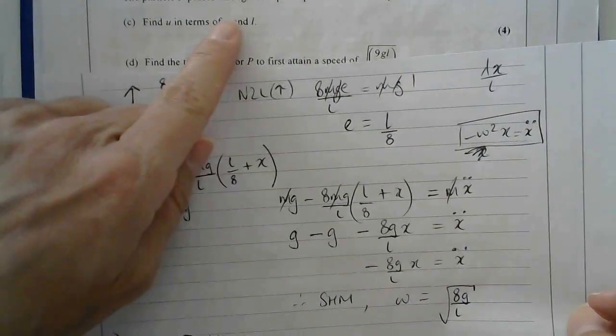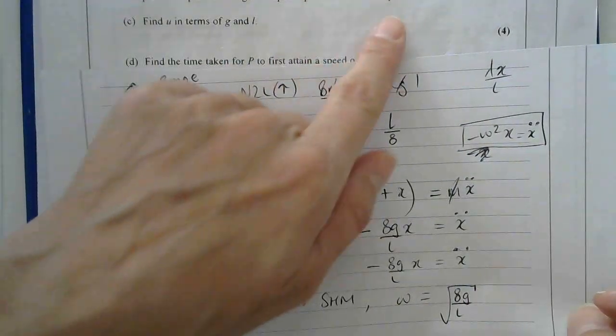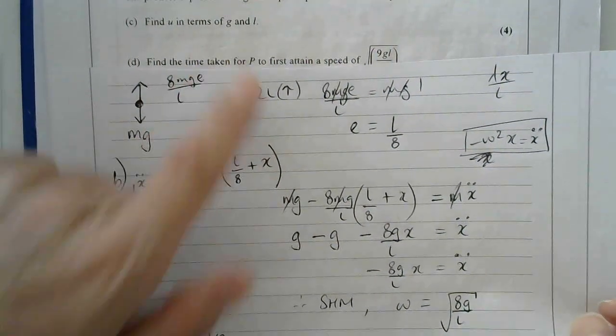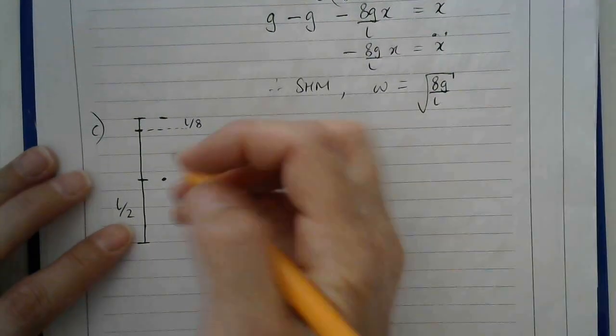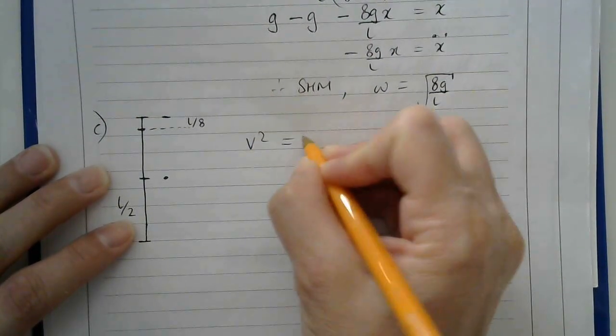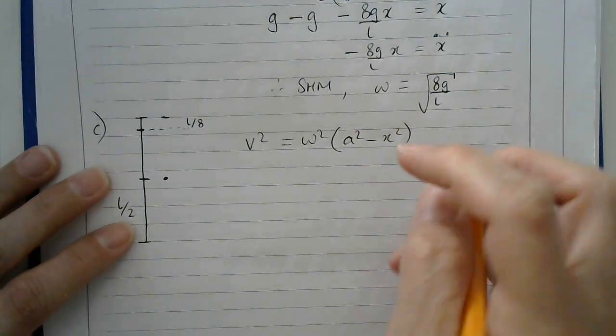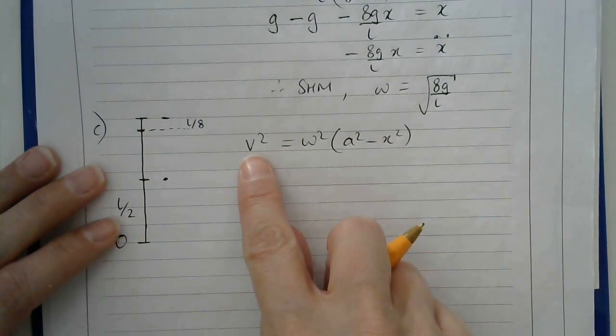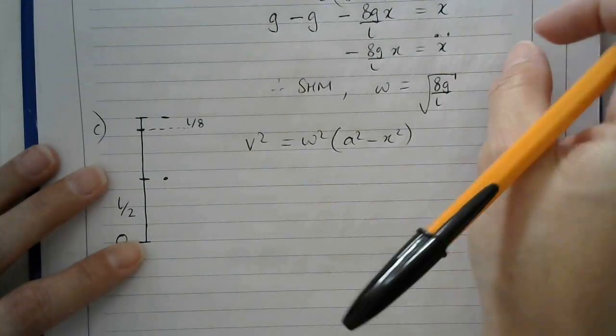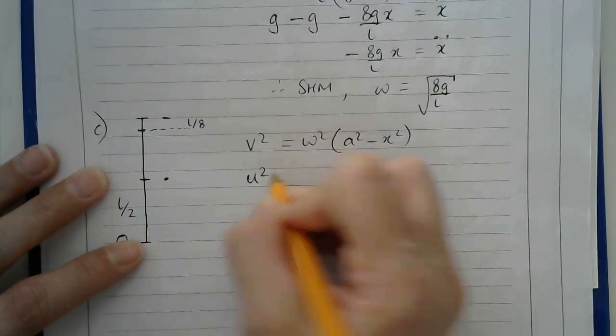Now, basically they want the speed at that point. So I can use v squared equals omega squared times a squared minus x squared, where v is the speed they're talking about. Now they called it u, so here I'll put u squared.